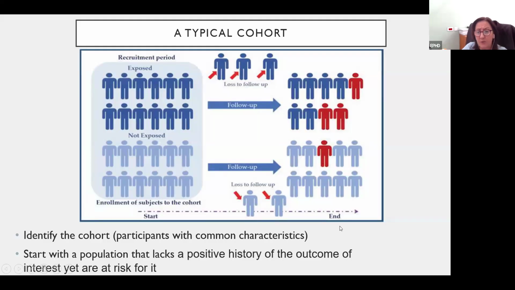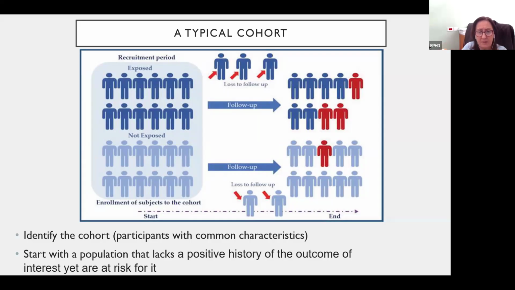So we identify the cohort, and the cohort are people with common and specific characteristics, and then we start with identifying who has the characteristic that we are assessing in terms of the exposure. Most importantly, we start with people who don't have the outcome.